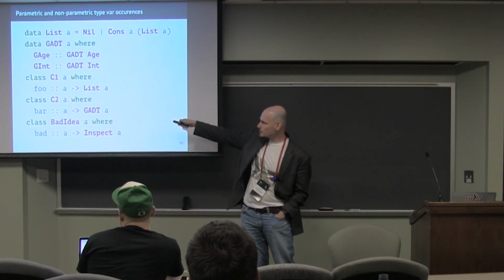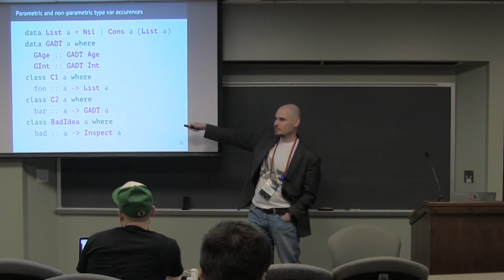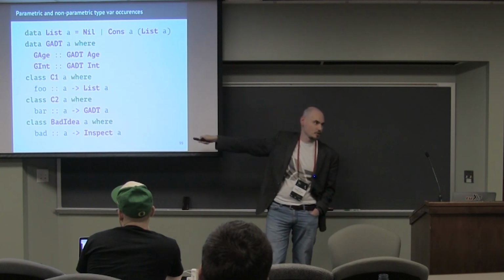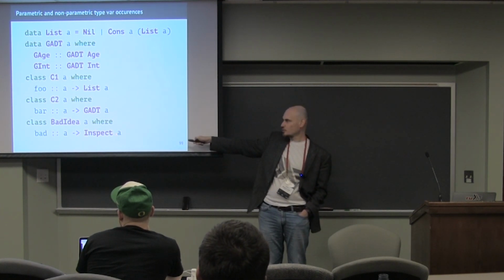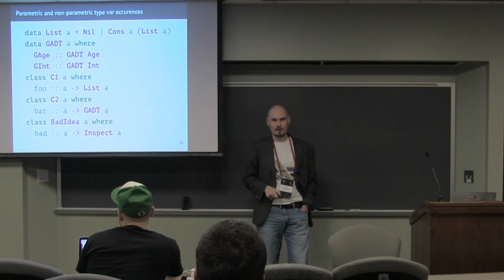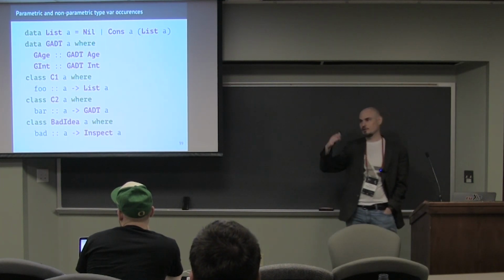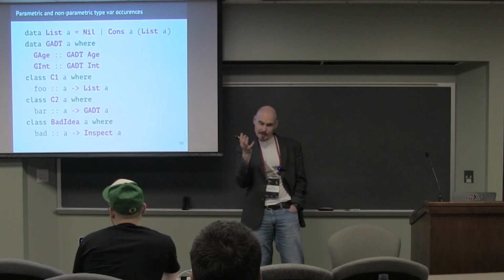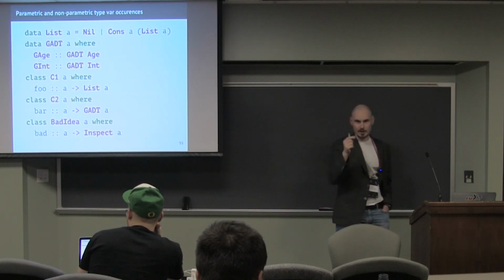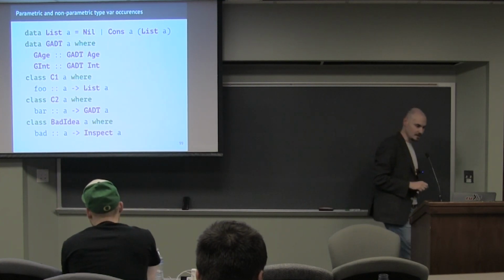What about this one? It will be non-parametric. And in this bad idea type class, it's not parametric either, because we are using this function inspect, which actually looks at the type of the argument. So some of the occurrences are parametric and some are non-parametric. And this is actually the difference. So sometimes you can use coercion, sometimes you cannot use coercion in these cases.